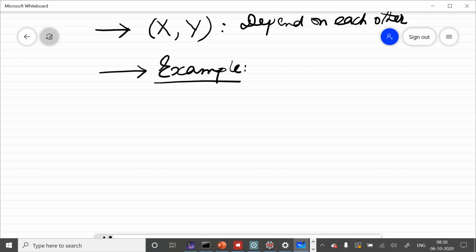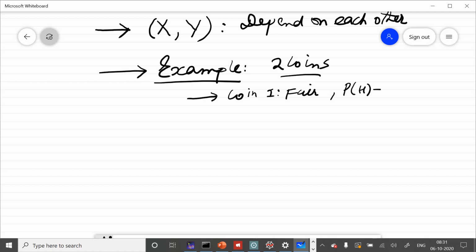Suppose you have two coins in your pocket, and coin number one is a fair coin. By fair coin I mean that the probability of head is the same as the probability of tail, which is half, and coin number 2 is unfair.